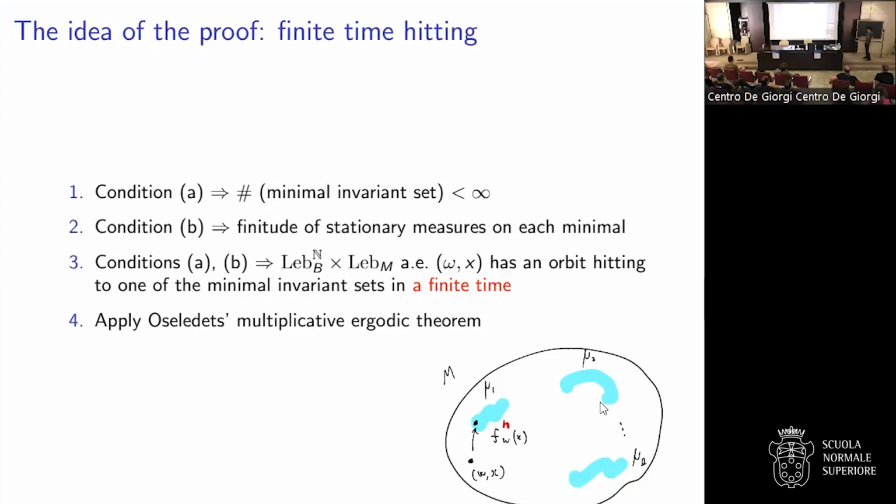Then your random orbit hits the support of these stationary measures in finite time. So you know the story. If you consider the skew product map induced from the random dynamical system, the product of the stationary measure and the noise measure is an invariant measure, right? So you can apply every ergodic theorem. This is the story in the random case.